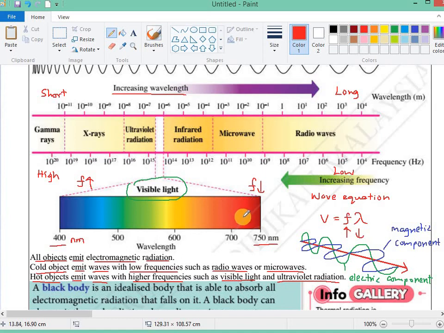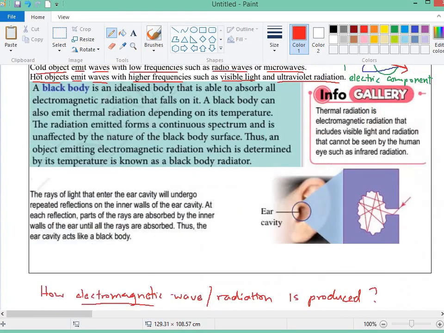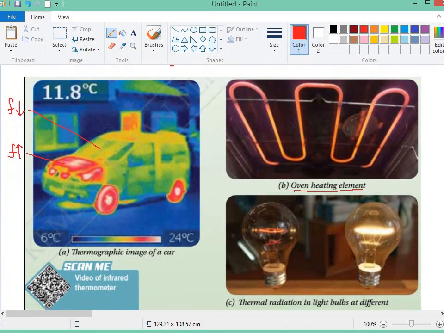The frequency of the electromagnetic wave produced by the heating element goes into the range of visible light. So we can see red color, yellow color, orange color. The red light, yellow light, orange light come out because it's very hot.